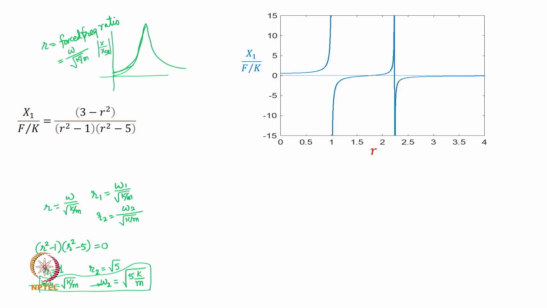Because after resonance, if you look at x over xst for the undamped case, 1 over 1 minus r square, when r increases beyond 1, the whole ratio will turn out to be negative, right? But we plotted the absolute value because we are interested in amplitude, not so much in the phase or whether it is positive or negative, right? The amplitude is more important than the phase mostly.